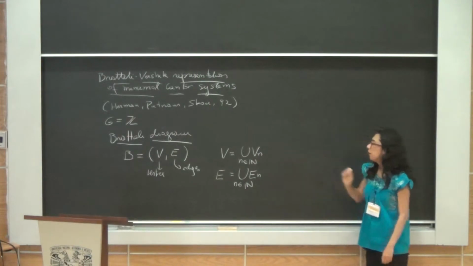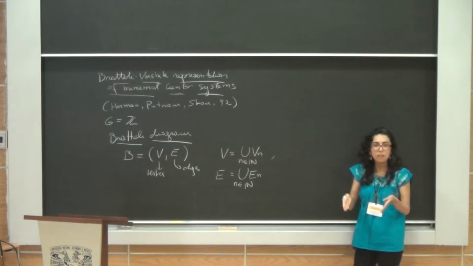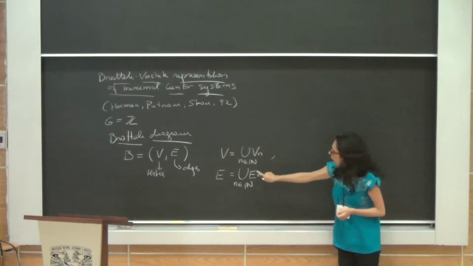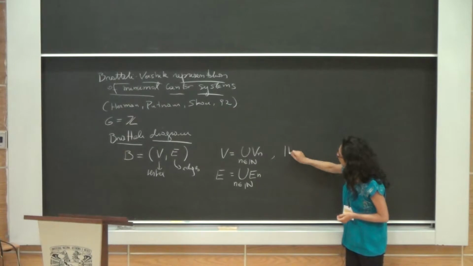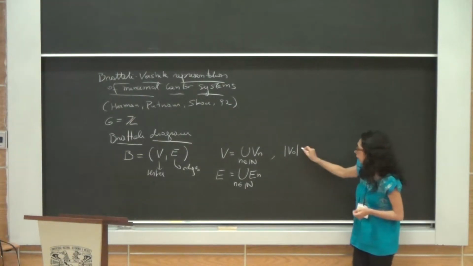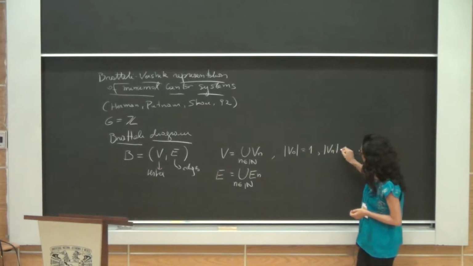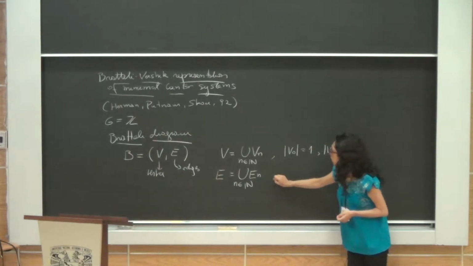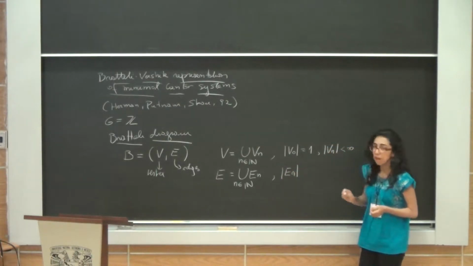And they have the property that every Vn is finite, every En is finite, but also the first set of vertices has only one element. The others are finite. Every set of edges En is finite.